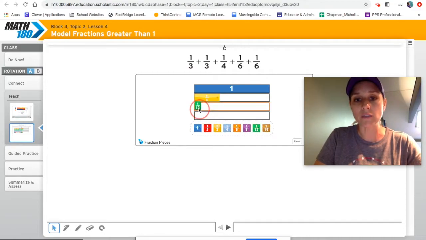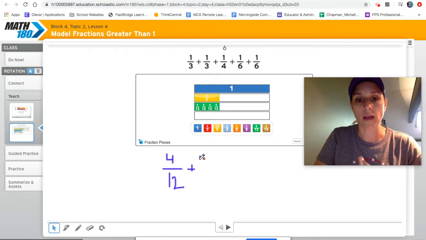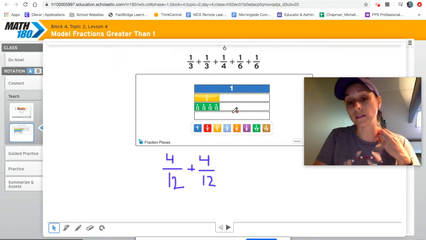So the first thing I do is figure out how many 12th size pieces there are in 1/3. I can use my model here and line them up, and I can see, oh, 4 1/12 pieces are equivalent to 1/3. So I'm going to rewrite this equation as 4/12 will be my first fraction, plus another 4/12 because I had 2 1/3 pieces that both had to be found as an equivalent.